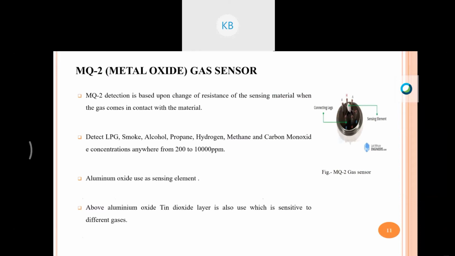And next, as we have made a gas chamber, it contains different types of gas sensors. We have also used the MQ6 gas sensor. MQ6 is used to measure LPG and butane, and it also has aluminum oxide and tin dioxide for sensing.